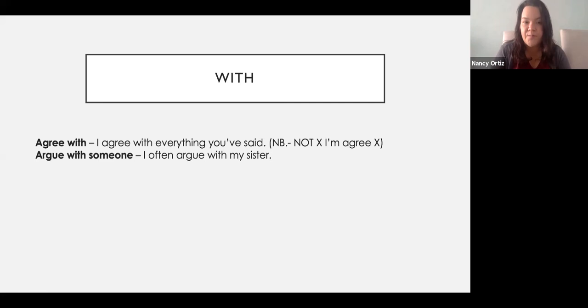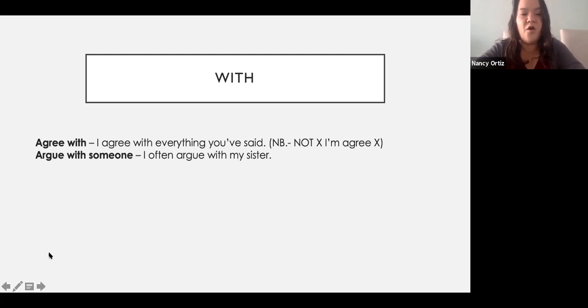And argue, like to have a discussion. I often argue with my sister, or sometimes I argue with my boss because we have a different point of view. Okay, so these are all of the dependent prepositions we were to cover.